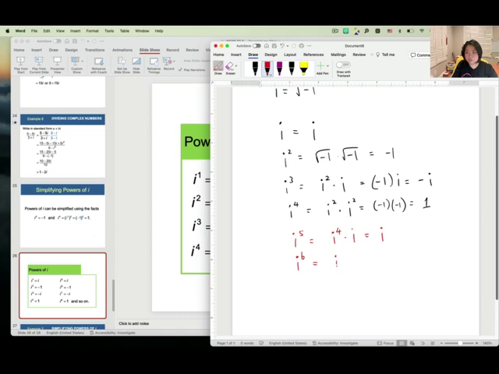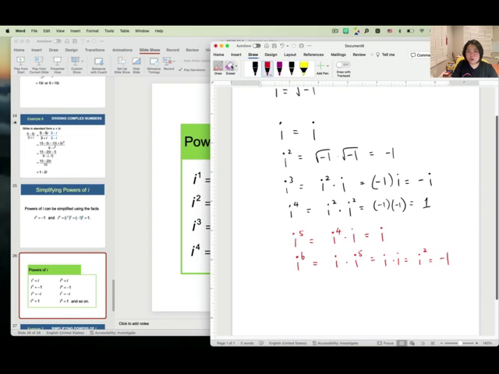I have i times i to the power of 5. 5 plus 1, you're going to get the 6 here. And i to the 5 is going to be equal to i. So multiply it, I'm going to get i squared, which is going to be -1.